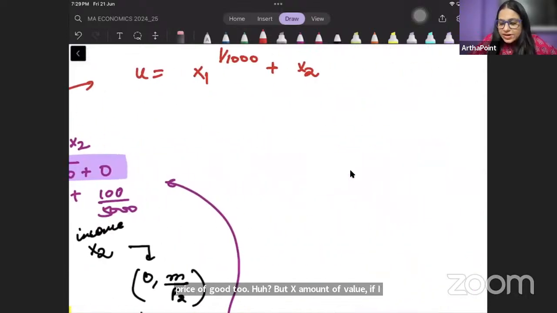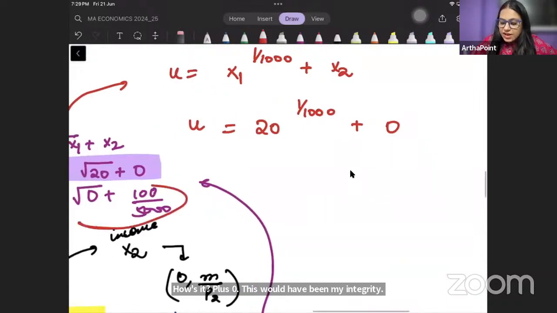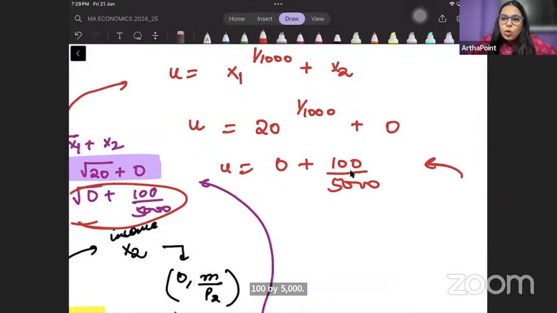So if I would have plugged it in this, it would have been 20 to the power 1 by 1000 plus 0. This would have been my utility. है ना? And if I would have plugged in this value, I would have got 0 plus 100 by 5000. So this will give me more. So don't compare like that. Don't go ahead and say that.